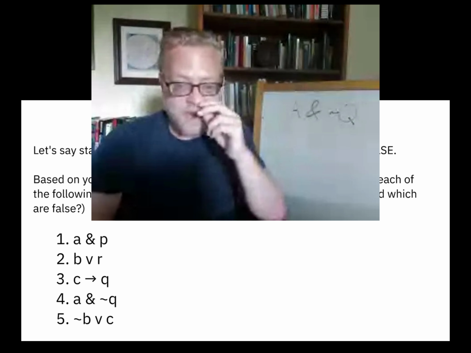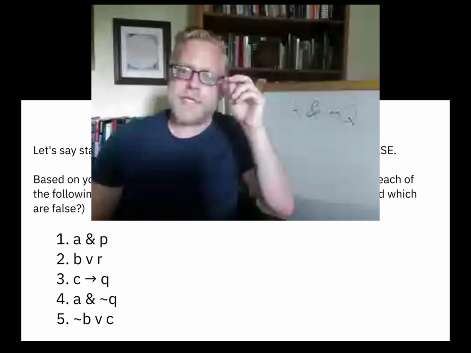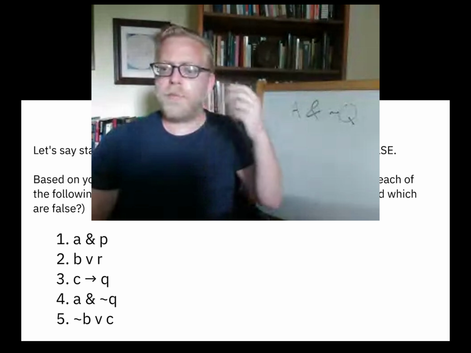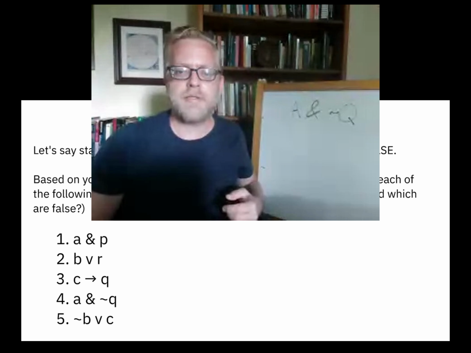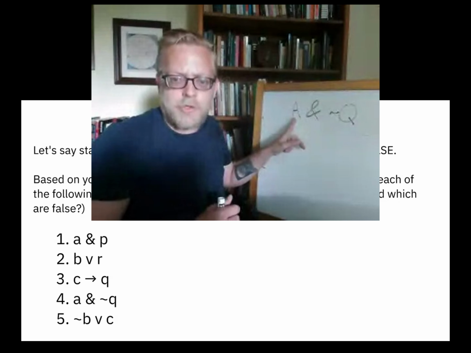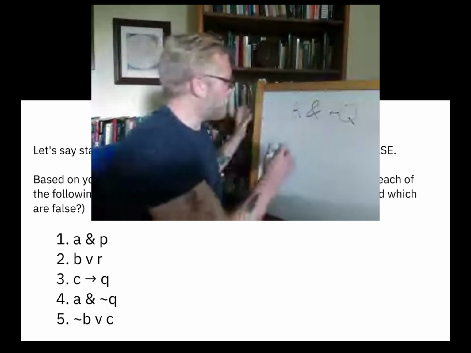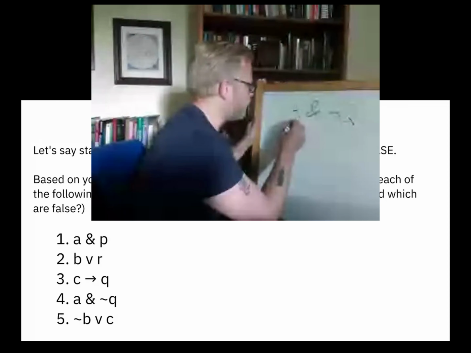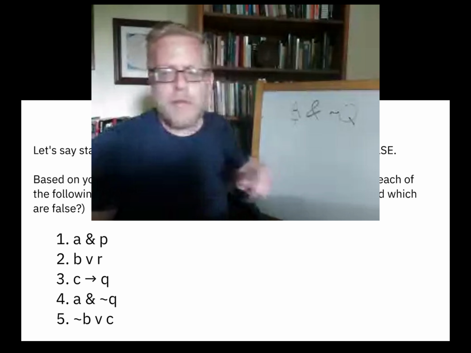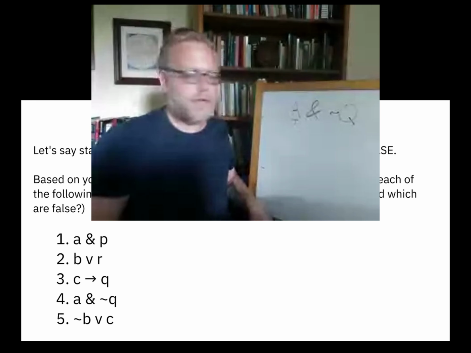But now we have to look at what it says. Let's say statements A, B, and C are true, and let's say P, Q, and R are false. Okay, so A. It says A we should assume is true. So we can put a little T underneath of it to remind ourselves that A is true in this scenario. And then P, Q, and R are false.